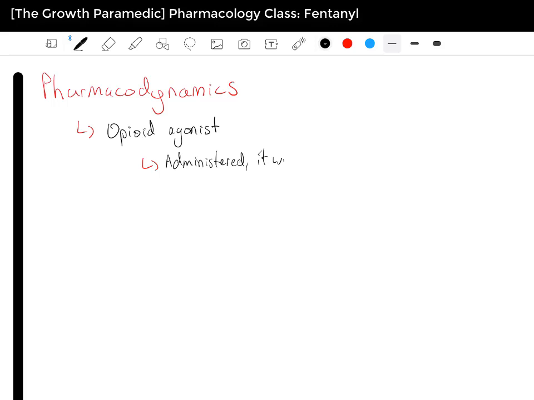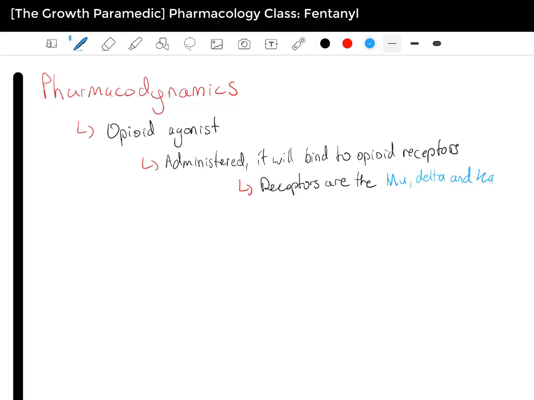And these receptors are the mu, delta, and kappa receptors. So those three.